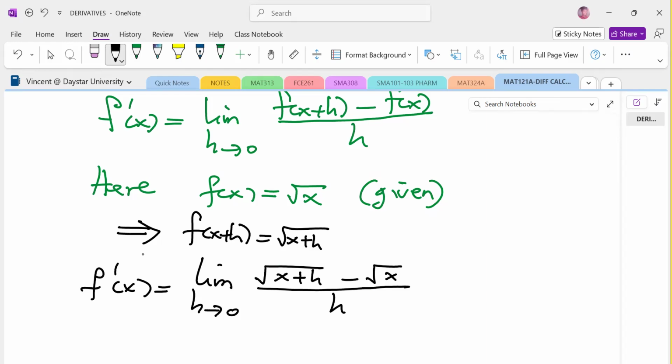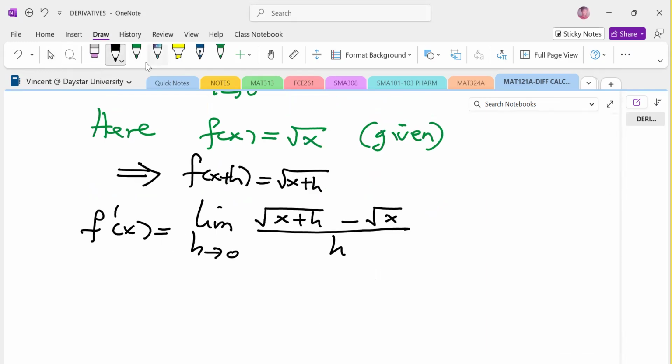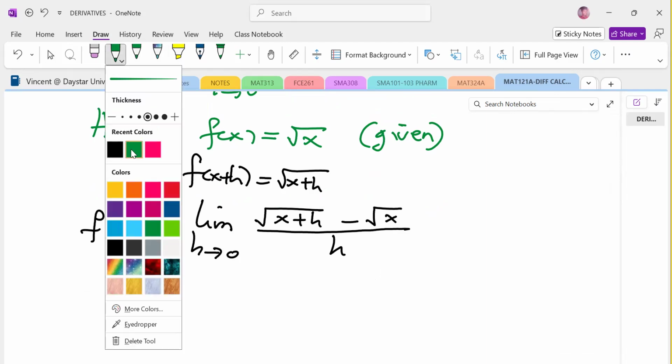Now, which method do we use to work out this limit? Factorization will give us trouble because there's no common factor for root x plus h and root x. Correct, rationalization.